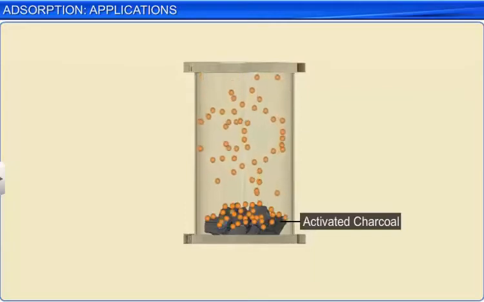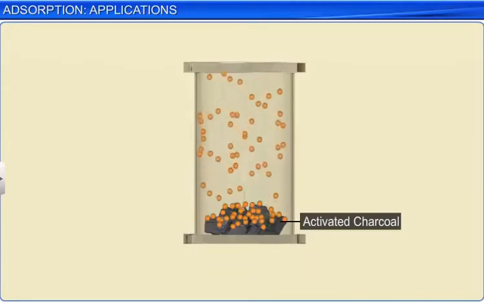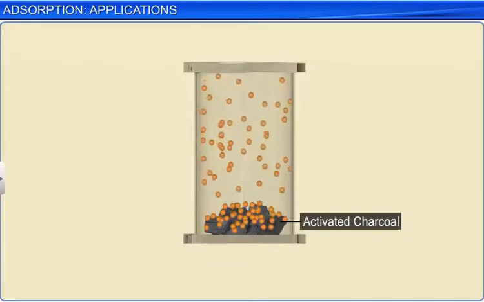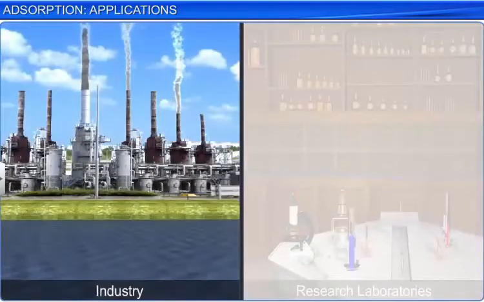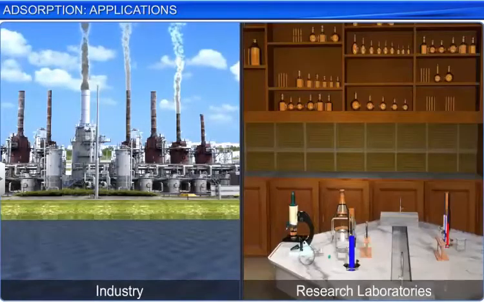Adsorption plays an important role in all phenomena and processes where surface properties are essential. The phenomenon of adsorption finds very extensive applications in industry, research laboratories, and in everyday life.